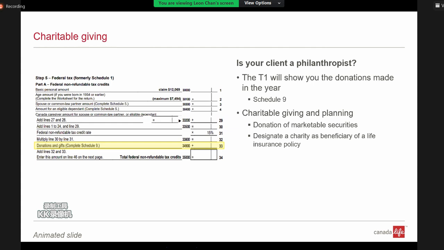And there's a lot of conversations that we can have when it comes to charitable giving and planning by understanding client situations, such as, potentially, should they be looking at donating marketable securities, or potentially looking at life insurance as a way of planning for their charitable giving purposes, right? And further on, I feel it may be important for us to have more conversations about this, especially since we do have a robust list of alternatives and options for charitable giving purposes.